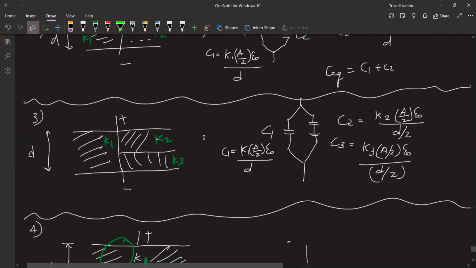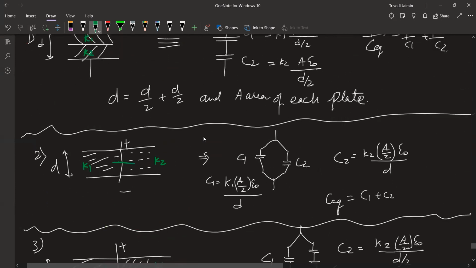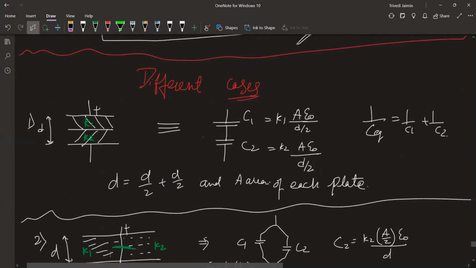Same way, what was the third one? See, these two are in series combination and parallel combination. These two parallel combination, these two series combination. So by this, what we are concluding, this is your series combination, this is your parallel combination.